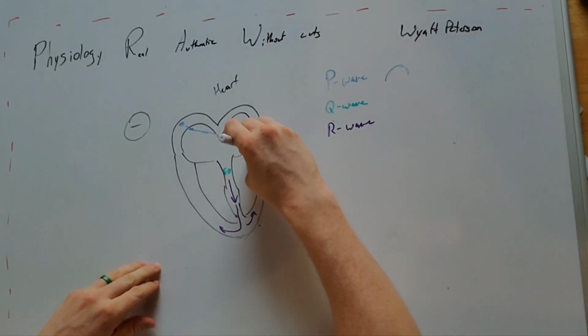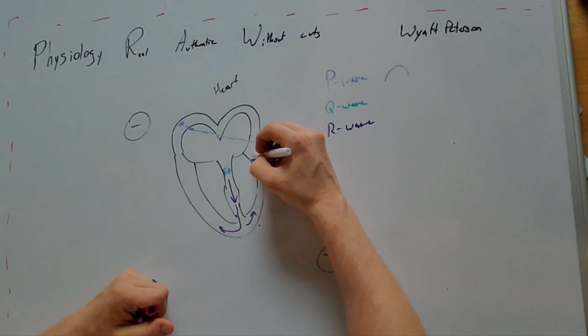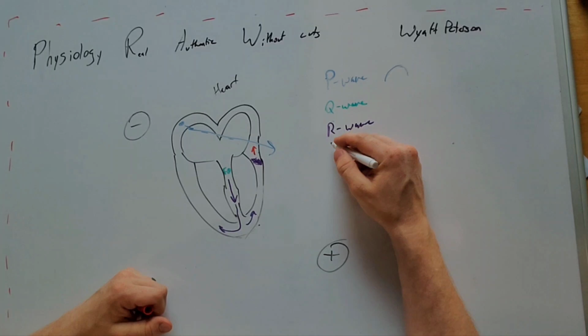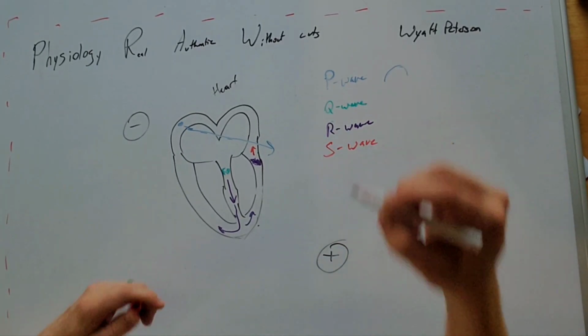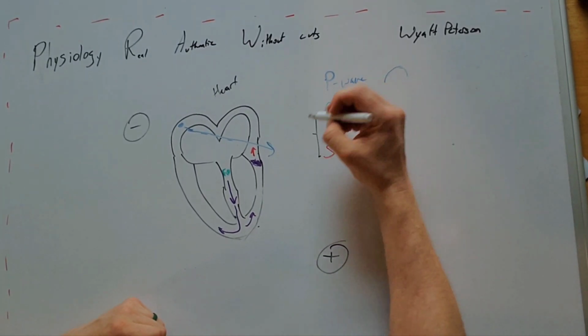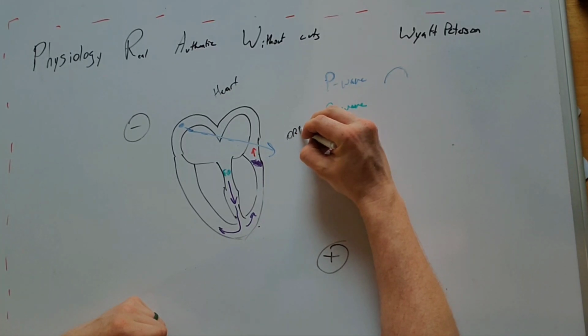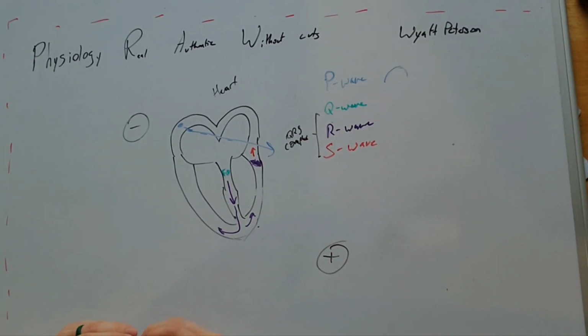So maybe I do a different color for that, even red, and that is the S wave. These ones are usually really tight together, so it's a QRS complex.